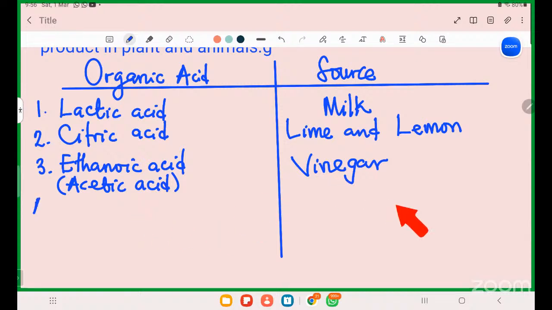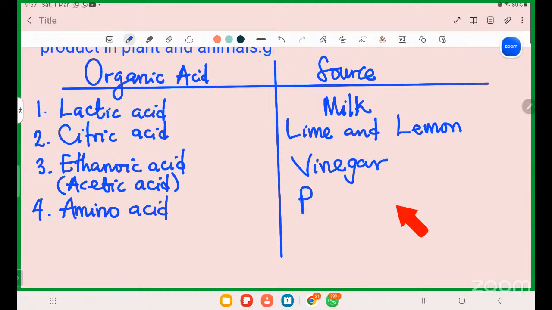Another example of organic acid is your amino acid. We have 20 amino acids. 10 you can synthesize naturally in the body, and the remaining 10 you derive from food. You synthesize the non-essential amino acids in the body, while the essential amino acids you get from food.